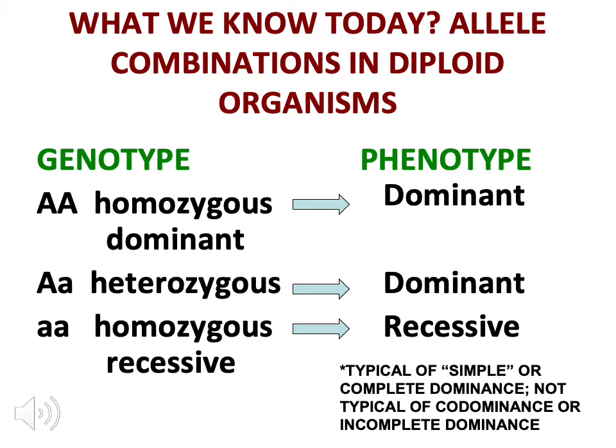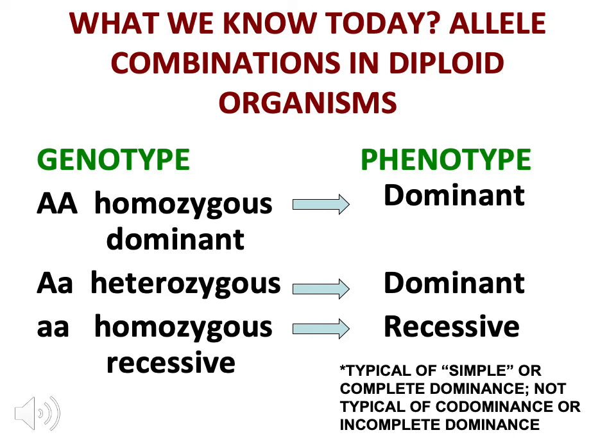So genotype is essentially described by three possible terms here. Homozygous dominant for big A, homozygous recessive for little a, and heterozygous for big A, little a. Now, those genotypes are going to result in an expression which we call phenotype.